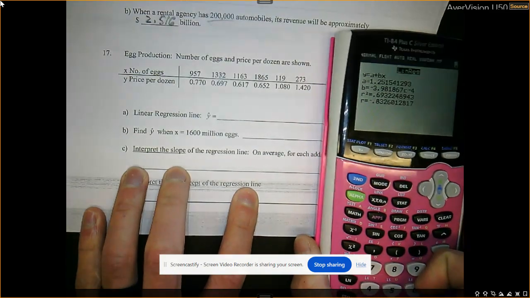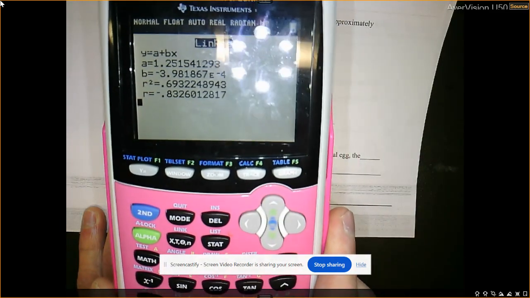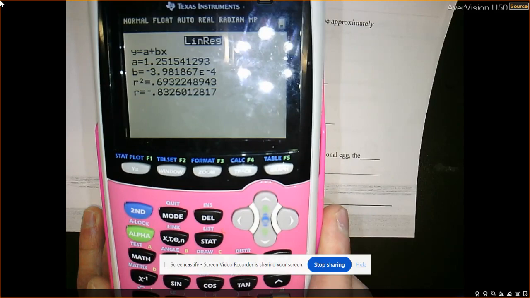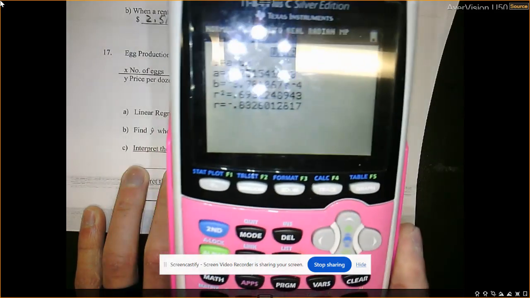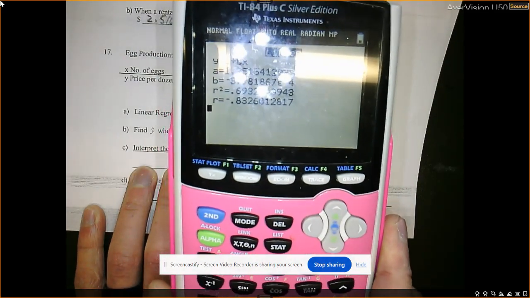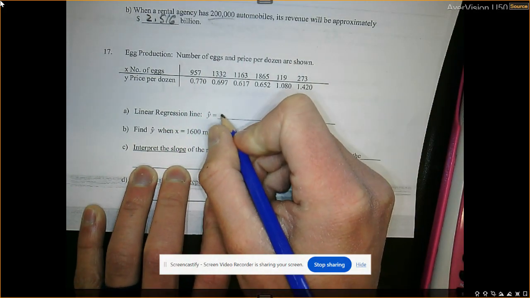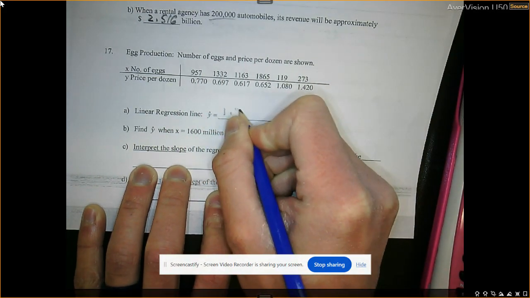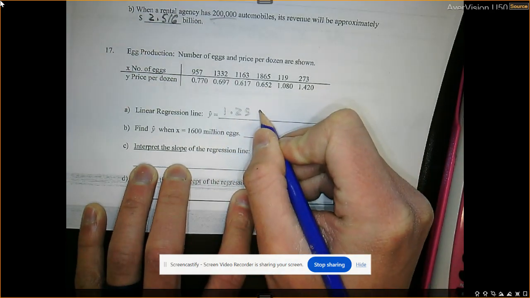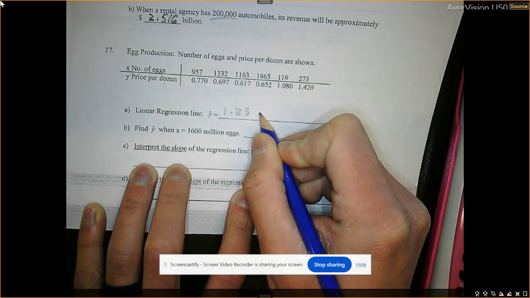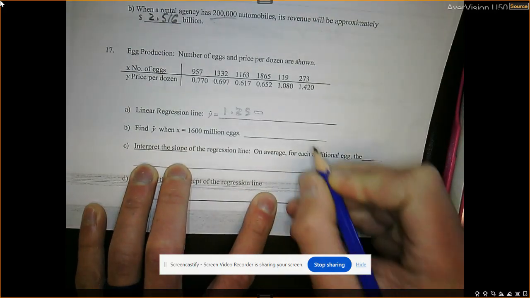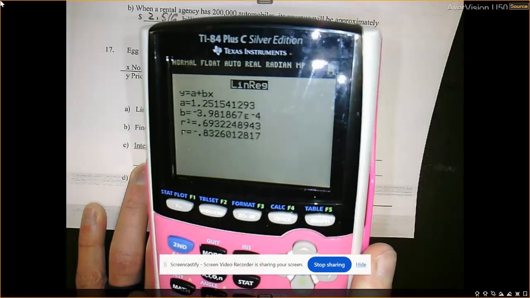So when we are writing our regression line, here's what we got. It tells me a is 1.25, and it tells me b is negative 3.98 e to the negative 4, so we'll talk about what that means. It's a plus bx, so a is 1.25, plus bx, but that's really a negative b, so I'm going to go minus. This e to the negative 4 tells me to move the decimal 4 places to the left.